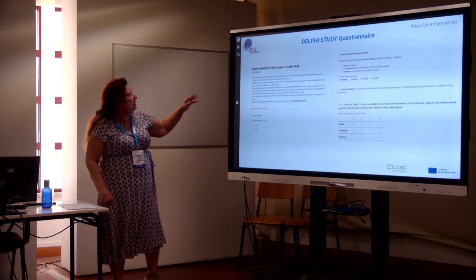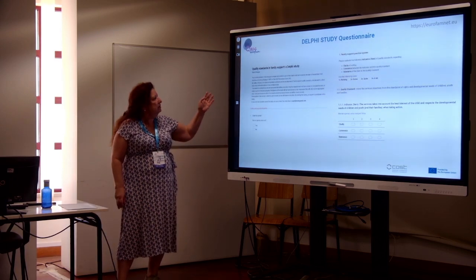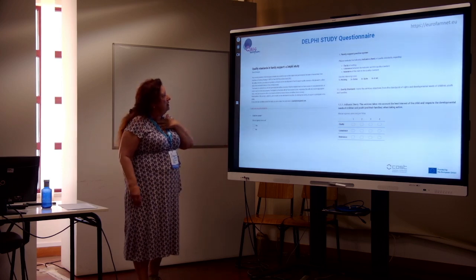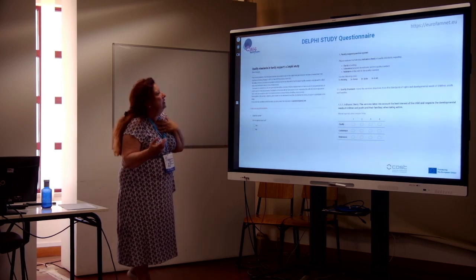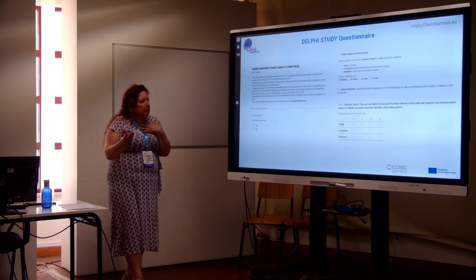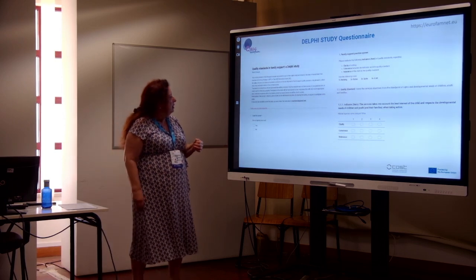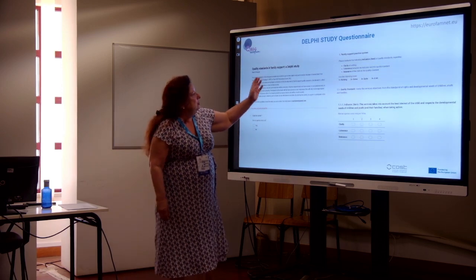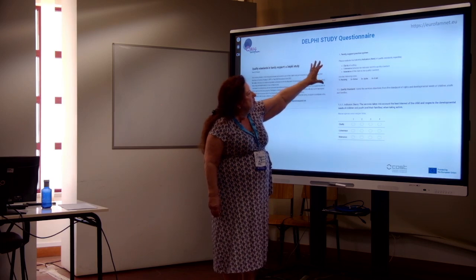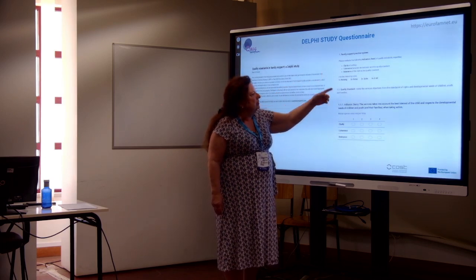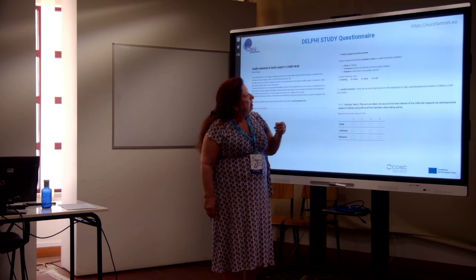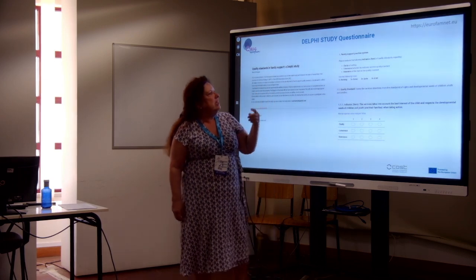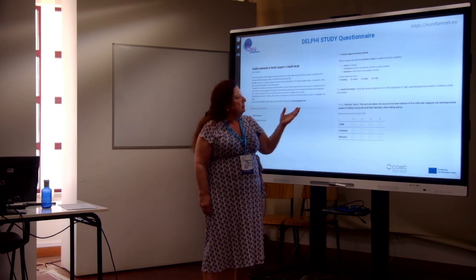So this is an example of the questionnaire we sent. Some information about the main aim of the study and why we asked people to answer the questionnaire, a consent agreement, and then for each quality standard, for instance, frame the services objective from the standpoint of rights and development needs of children, youth, and families.